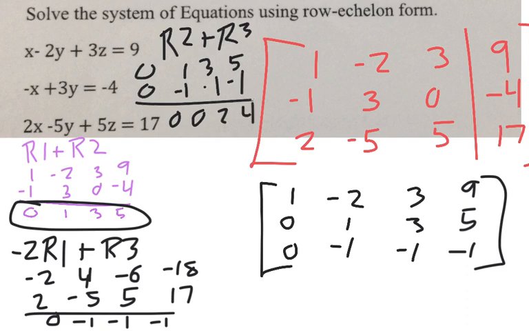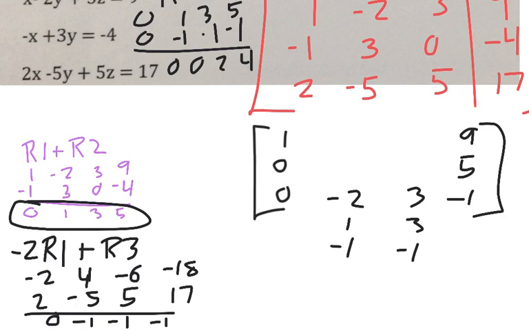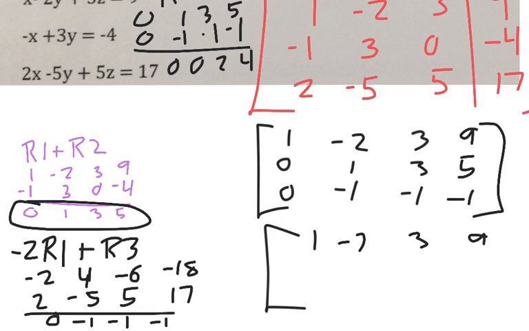And that's my new row 3. So now I've got 1, -2, 3, 9, 0, 1, 3, 5, and 0, 0, 2, 4.